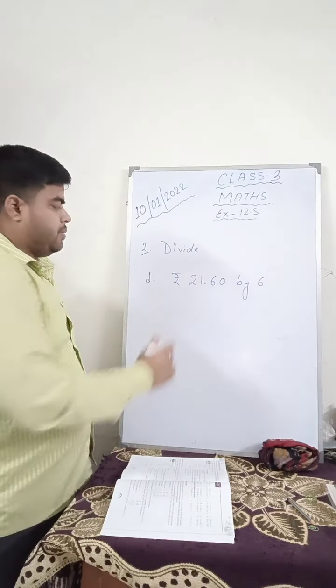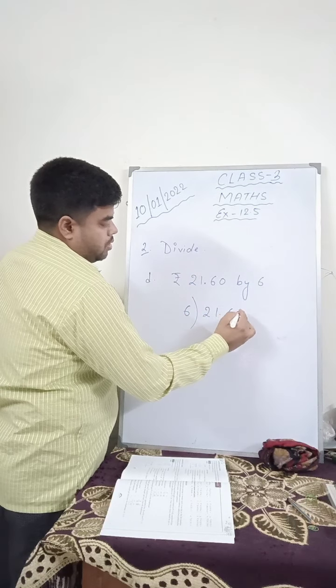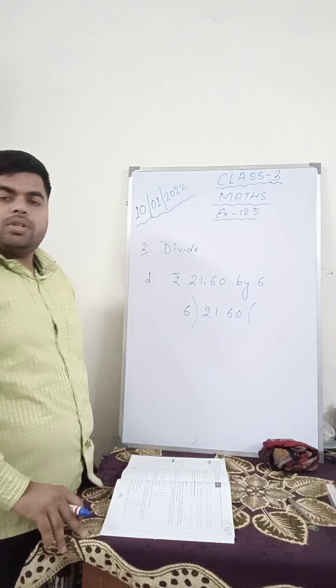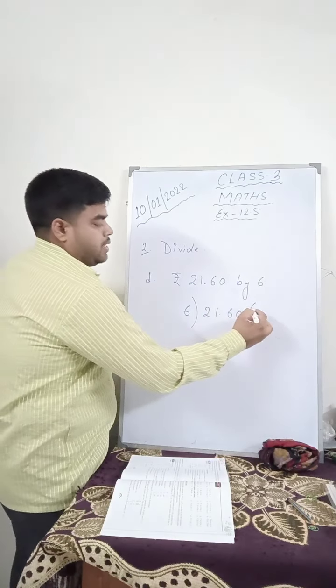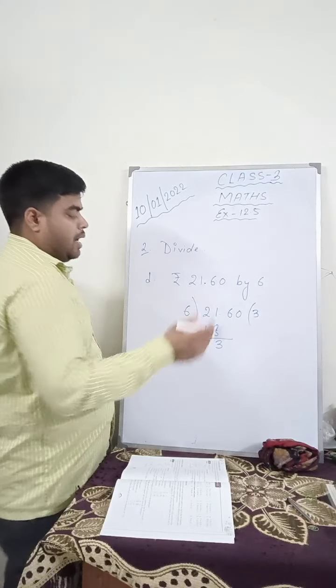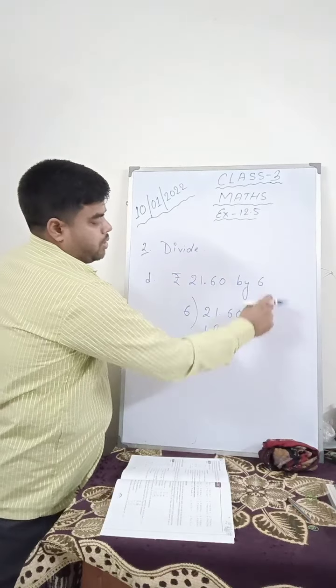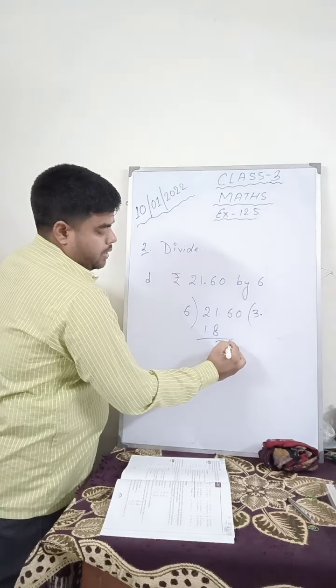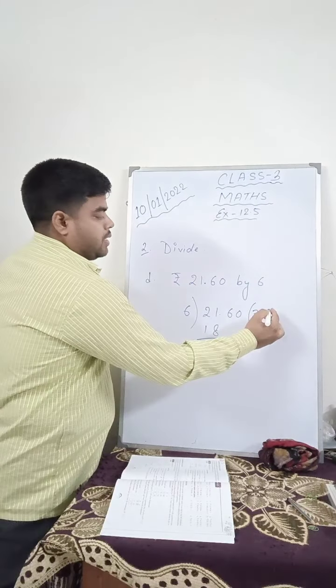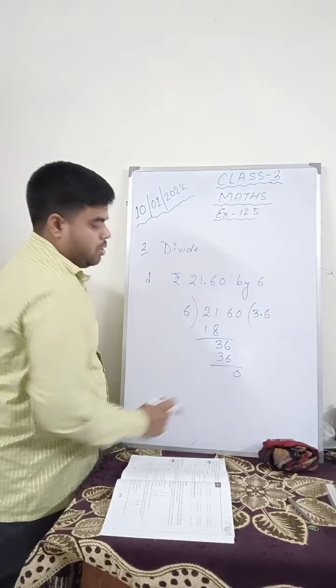Let us divide this. 6 ones are 6, 6 twos are 12, 6 threes are 18, subtract 3. After dividing 21, what can you see? You can see the decimal, so straight away this decimal will go here, and then 6 comes down. 6 6s are 36. 0 comes down.